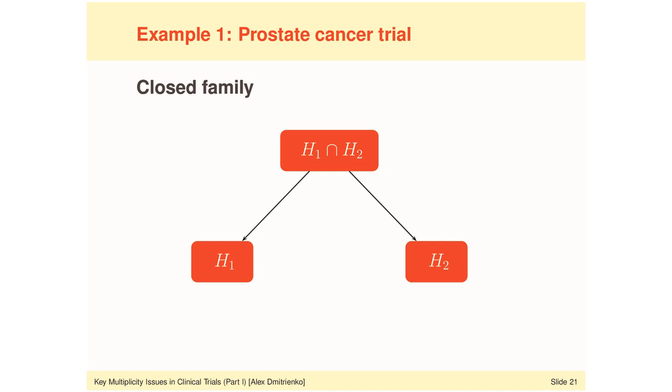All we need to do now is to define local tests for each one of those intersections, for each one of those orange boxes. And then the decision rule for H1 will look like this. First, the local test for the intersection needs to be significant, which means that the intersection of H1 and H2 must be rejected. And then the local test for H1 needs to be significant.